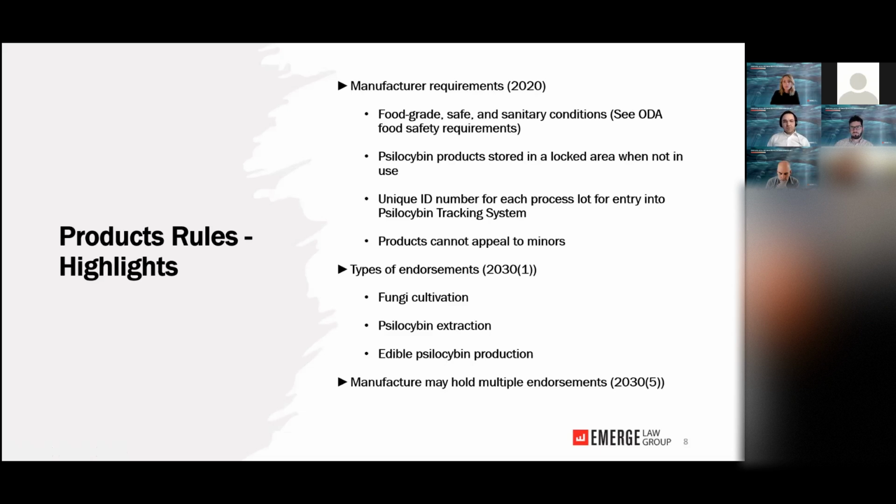The psilocybin products will need to be stored in a locked area when not in use. These are controlled substances, so there's concern about diversion. And so they're adding the requirement that they be locked away when they're not being used. And then of course, tracking, there needs to be a unique ID number for each process lot, which will be how they're sort of divided.